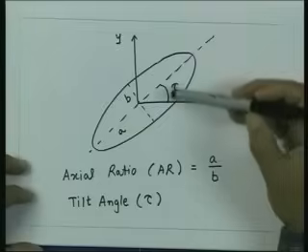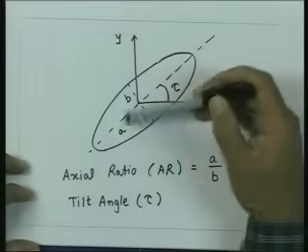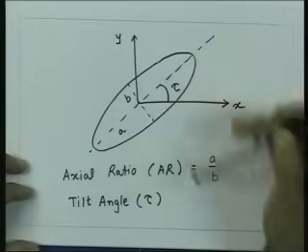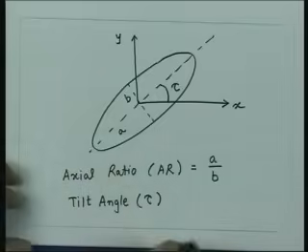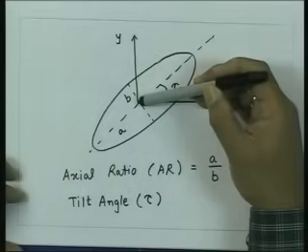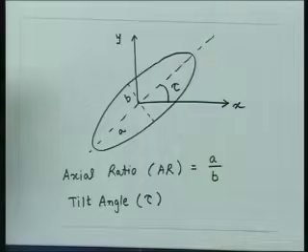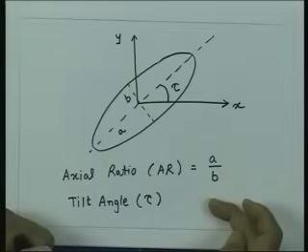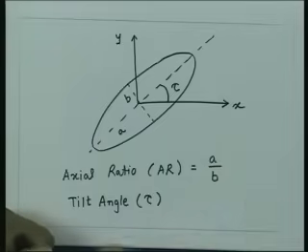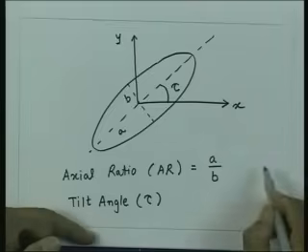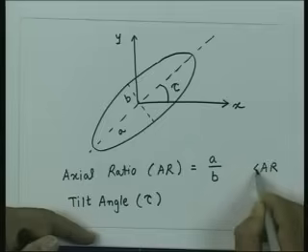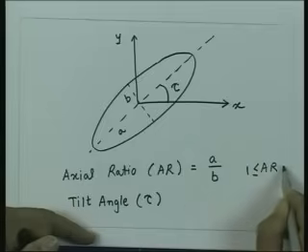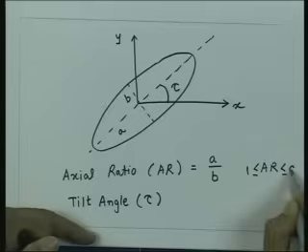Now, the extreme cases we are having on A and B, as we saw, is that if the ellipse is compressed into a line, the B will become 0. If this is stretched so that this ellipse becomes a circle, then A will become equal to B. So, this quantity A upon B essentially can range from 1 to infinity. So, you are having the range here for AR, which will be from 1 to infinity.